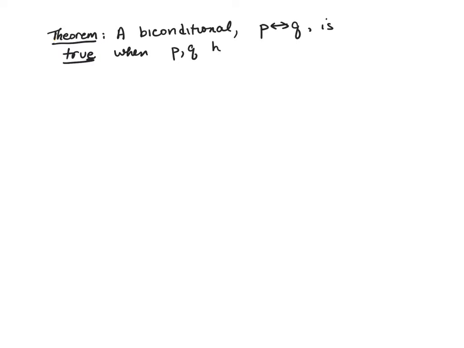And remember, a theorem is a statement that can be proven true using previous definitions and axioms and other theorems. So the theorem we proved is that a biconditional P if and only if Q is true when P and Q have the same truth values.